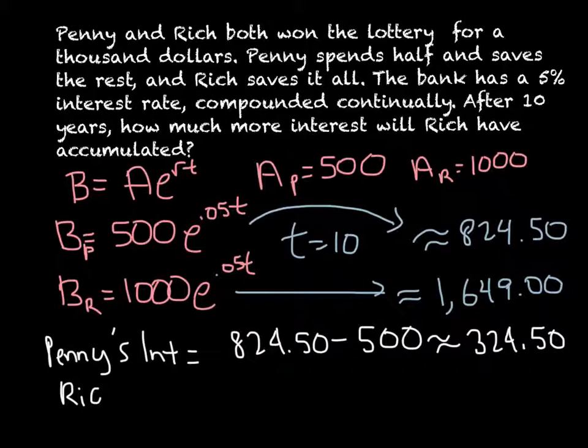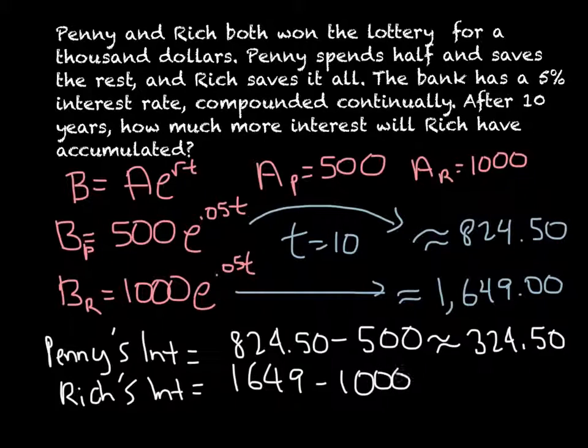Meanwhile, Rich's interest is about $649. So from this, we can see that Rich accumulated about $324 more of interest than Penny.